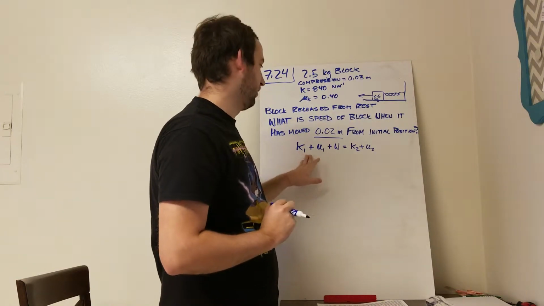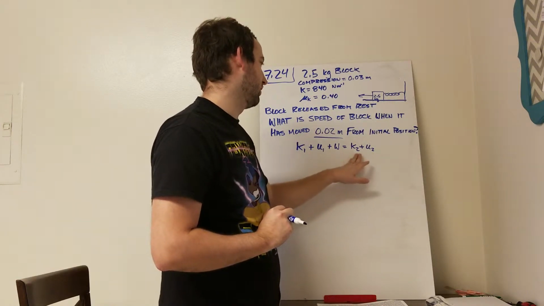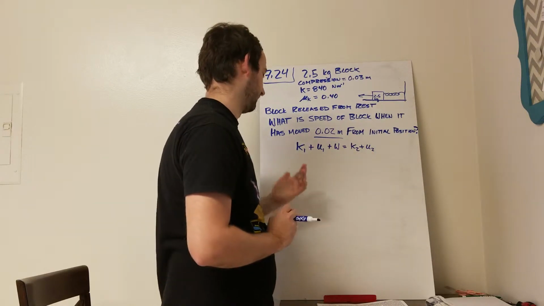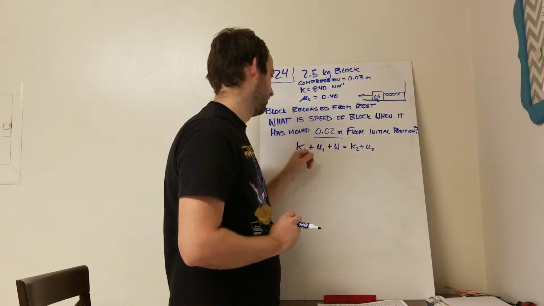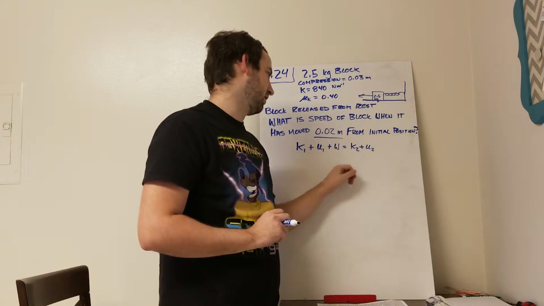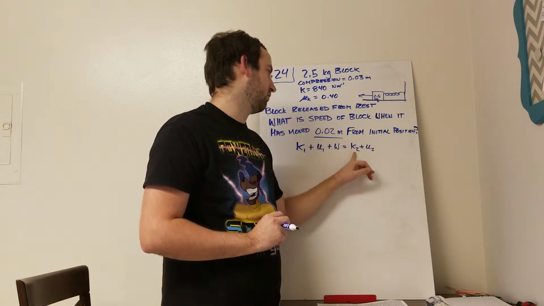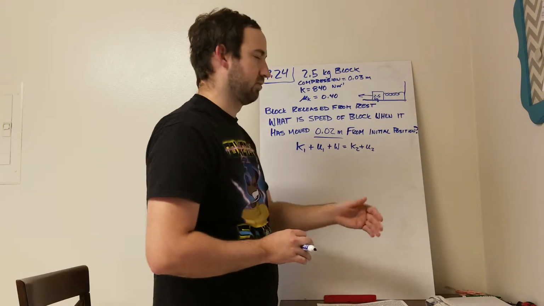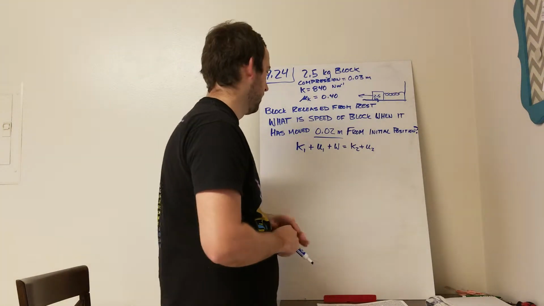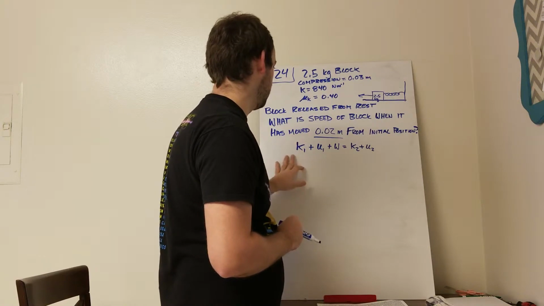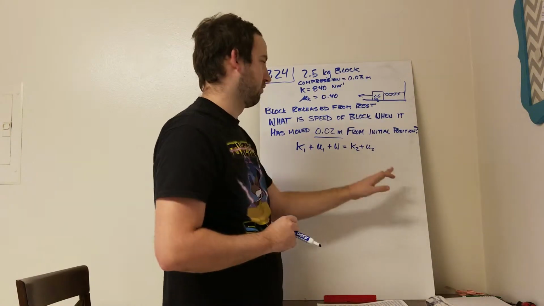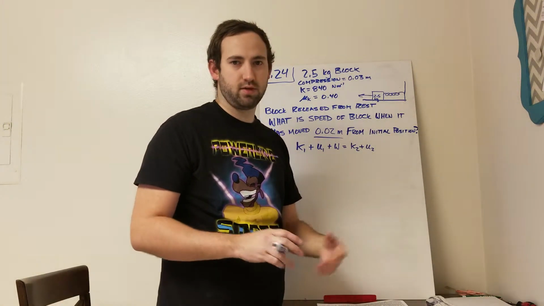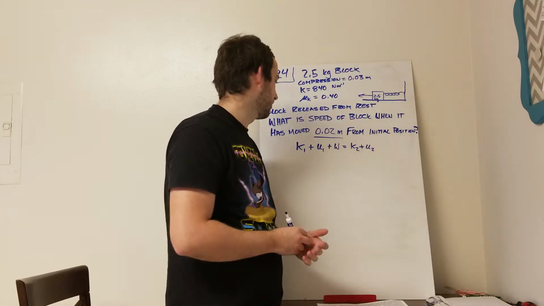So K1 plus U1 plus W equals K2 plus U2. So kinetic energy plus potential energy plus work done equals the final kinetic and potential energies. So from this, we can break each of these components down into their various forms.